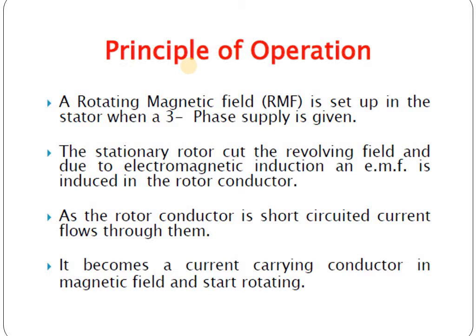A magnetic field moving clockwise has the same effect as a conductor moving anti-clockwise in the stationary field. By Faraday's law of electromagnetic induction, a voltage will be induced in the conductor. Since the rotor circuit is complete, either through the end rings or an external resistance, the induced voltage causes a current to flow in the rotor conductor.